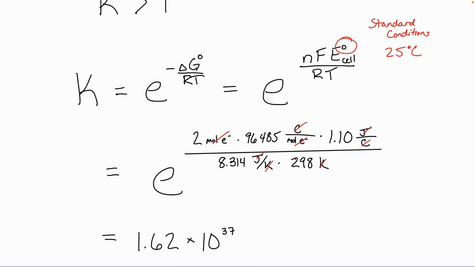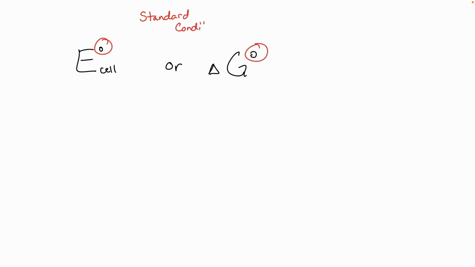Cool. So one last thing to plug in here that we've discussed before. We're talking about our E naught cell or delta G naught, and remember, these little knots refer to standard conditions.